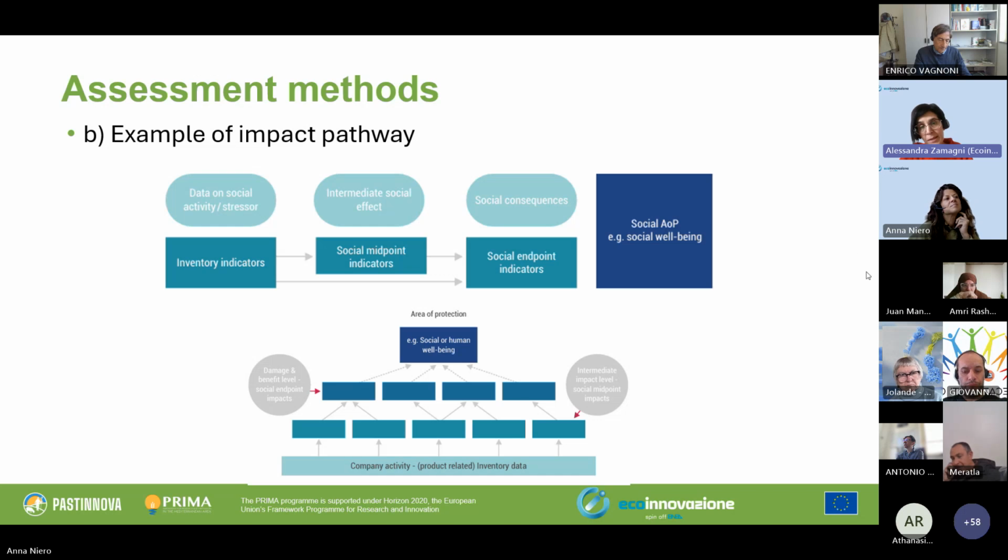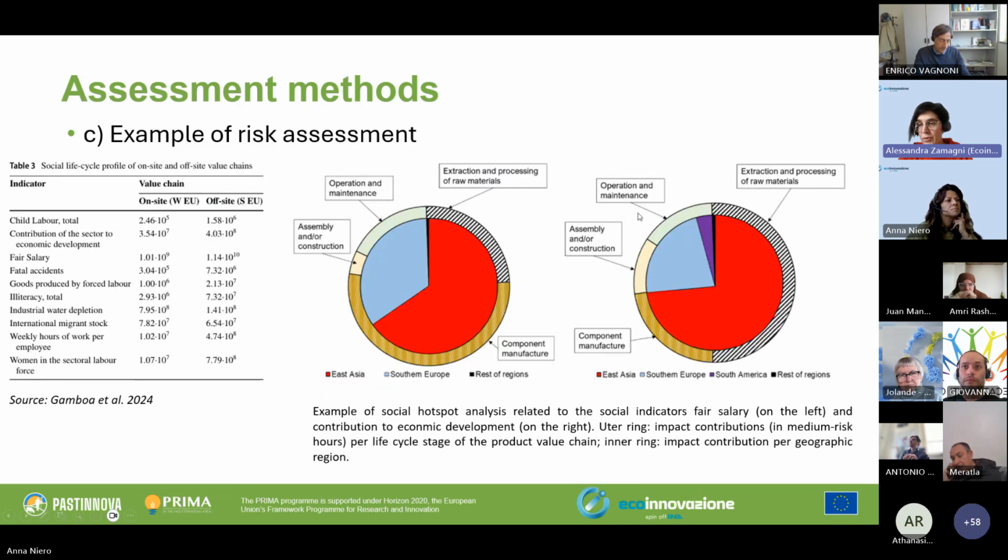The last example of the assessment methods is represented by the risk assessment. Here I have reported just a few screenshots from the article that you see referenced in the slides on the type of information that the risk assessment can deliver.